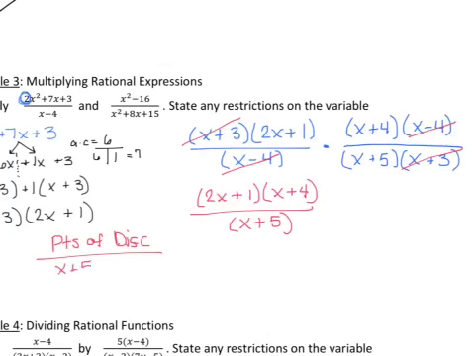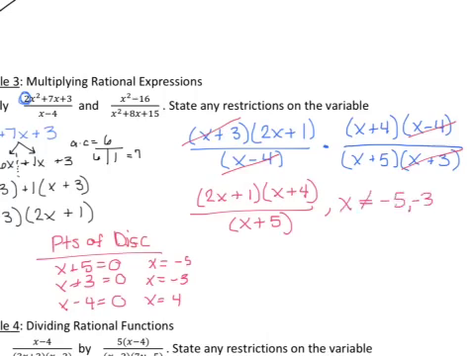So x plus 5, x plus 3, what else? x minus 4. Sorry, that got real messy. All right, so x equals what for all those? Negative 5. Negative 3. Positive 4. Very good. So just write those down. x cannot be negative 5, negative 3, and 4.